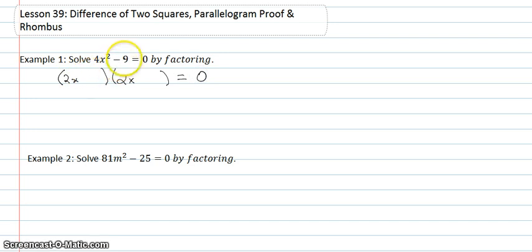And then we take the square root of the last term, which in this case is 3, and then we have a plus and a minus. Then we set each of these equal to 0 and solve.